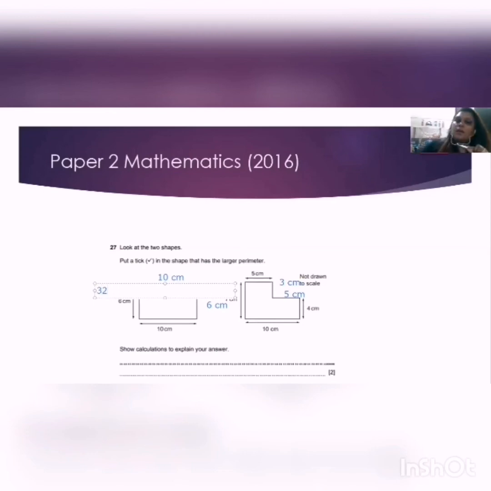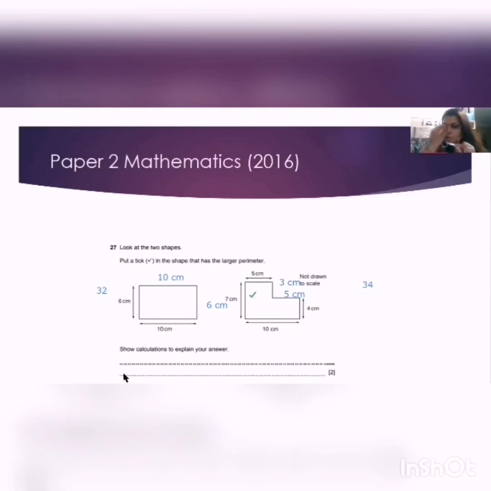Now if you look at the right side, 7 plus 5 is 12. 12 plus 3 is 15. 15 plus 5 is 20. 20 plus 4 is 24. 24 plus 10 is 34. So which shape has the larger perimeter? This shape has the larger perimeter, where it is 34 here. So I'm going to put a tick here.